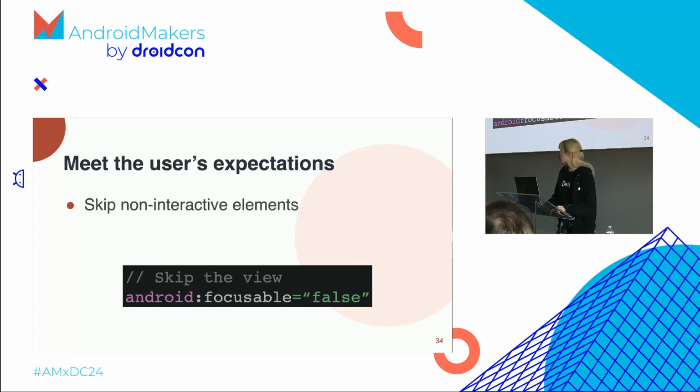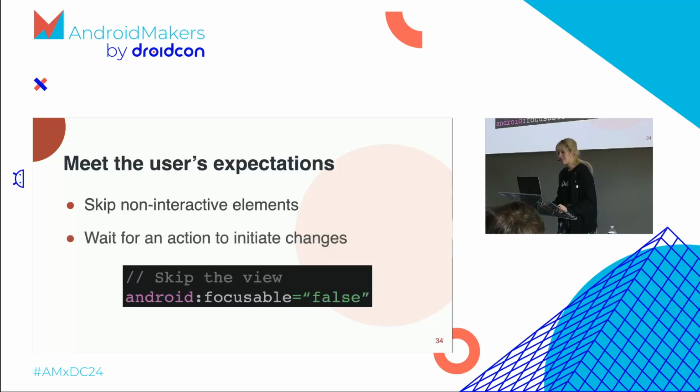But also because if the element receives the focus, the user will expect to be able to interact with the element. And if they can't, they will think it's a bug, and they will be unhappy, and you don't want that. Anyway, also don't open dialogues or navigate to another screen just because they move the focus. Those kinds of sudden context changes can be very confusing, so please wait for actual actions from the user.